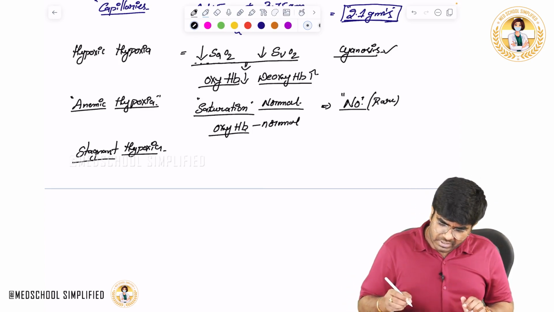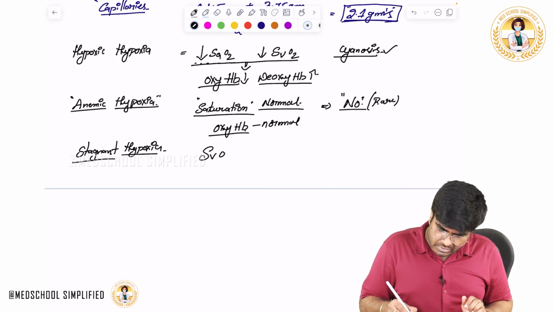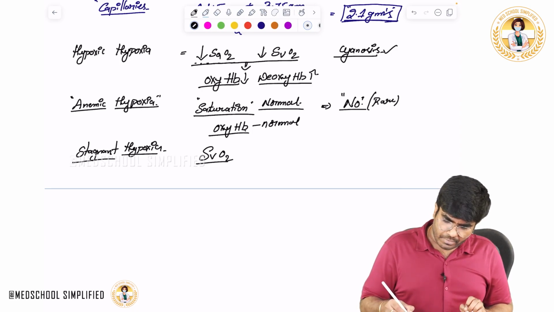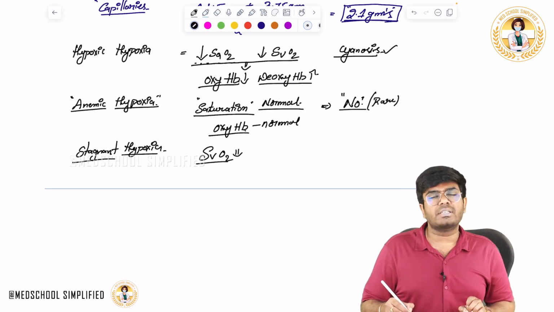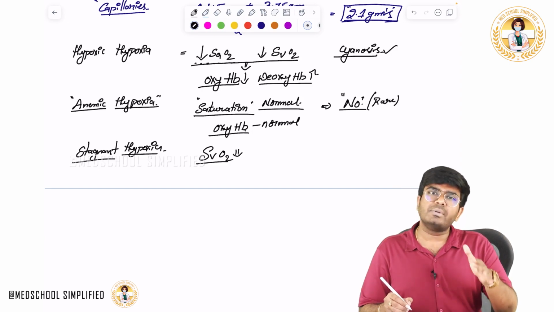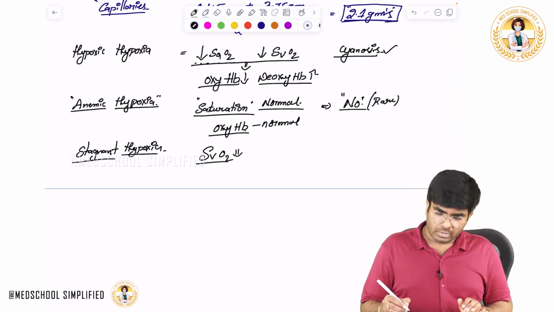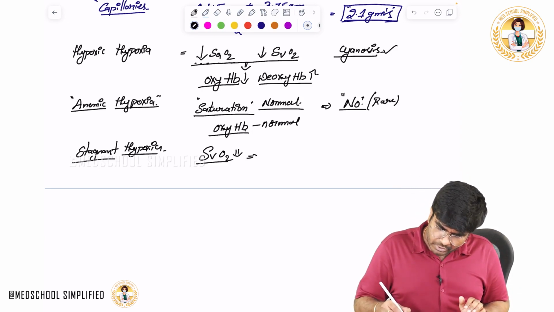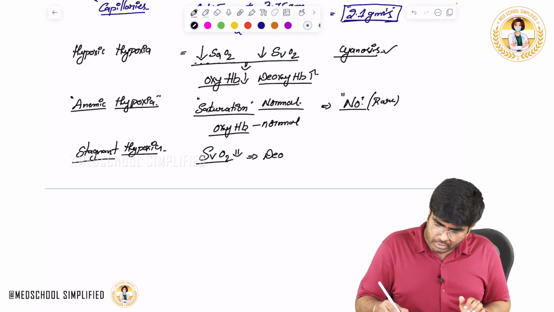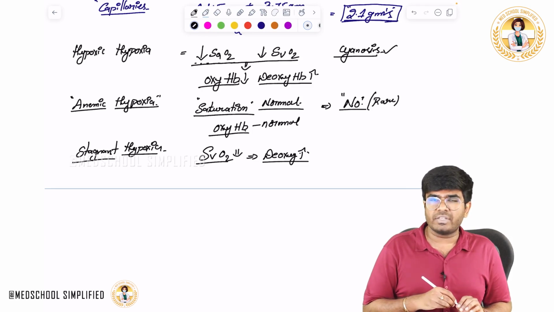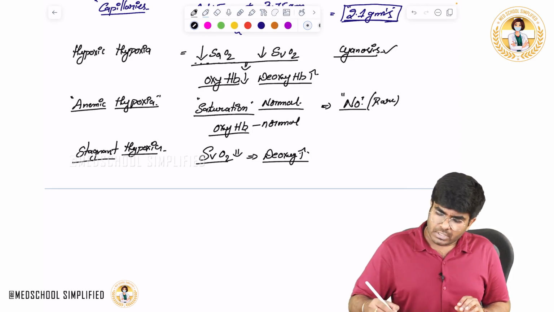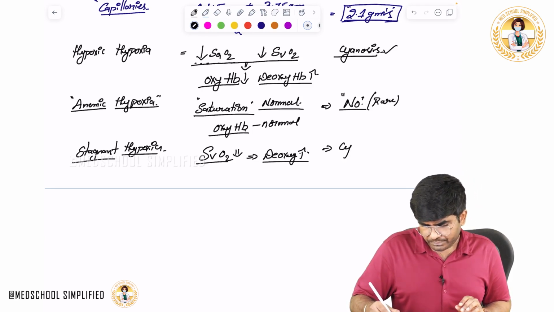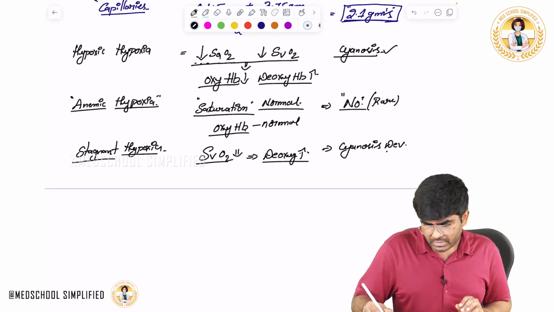Less. So what happened to the saturation? Especially the saturation of venous blood is decreasing. If saturation is decreasing, what happened to the deoxyhemoglobin? Deoxyhemoglobin levels increase, and if it is more than 4 gram percentage, yes, cyanosis develops.